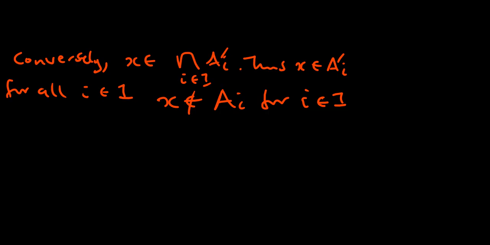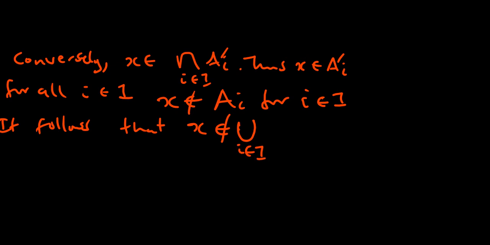So if it's not there, it follows that x is not in the union. If it's not in any of these arbitrary sets, it can't be in the union of these arbitrary sets.